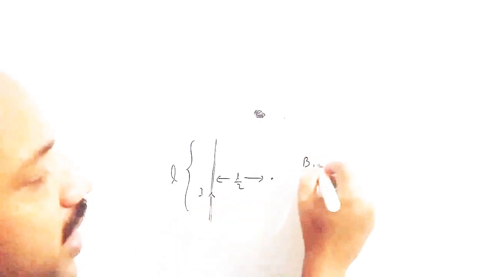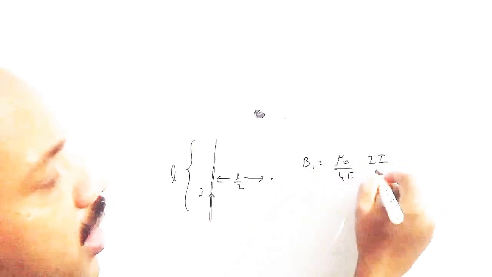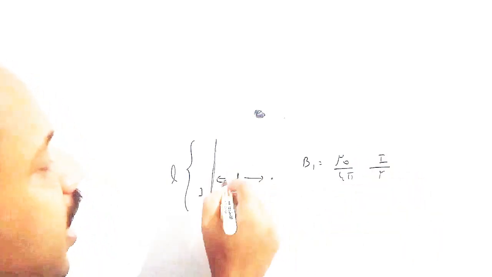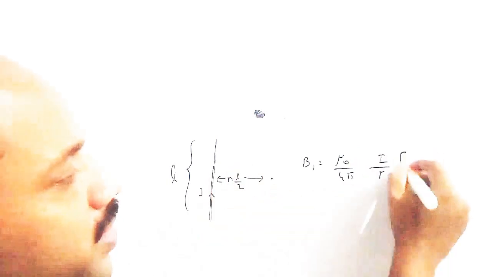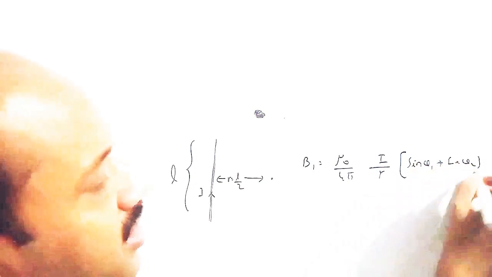In this case, it's a finite length of wire. Therefore, the equation for the magnetic field due to this finite length is mu 0 by 4 pi, I by R, where R is the perpendicular distance, here it is L by 2, into sine theta 1 plus sine theta 2. What is theta 1 and theta 2?